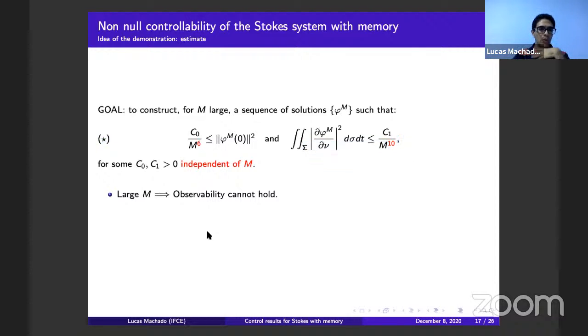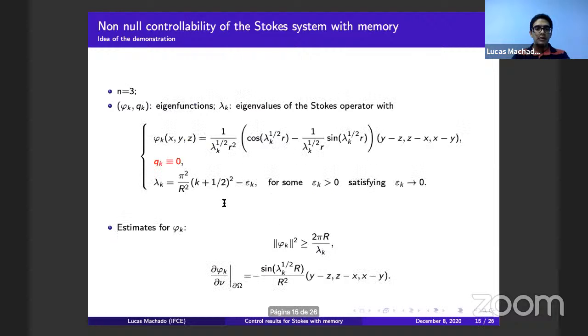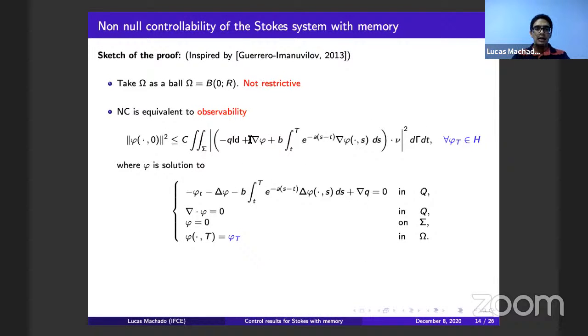Well, given the ordering of these exponents and the fact that the pressure is 0, for m large enough we have that the observability inequality is true. Okay, because here the pressure is 0.